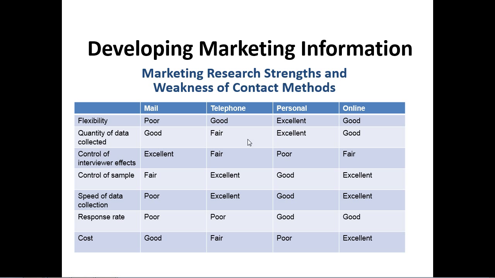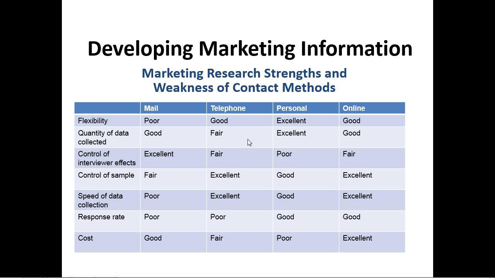But in terms of flexibility, obviously a mail survey is not flexible at all. Why? Because once you mail it out, either they fill it out or they don't. They can't ask any questions of clarification. Telephone, good interaction because you're actually on the phone, but there may be some limitations because you aren't face-to-face, which is why personal is probably the best approach in terms of flexibility.